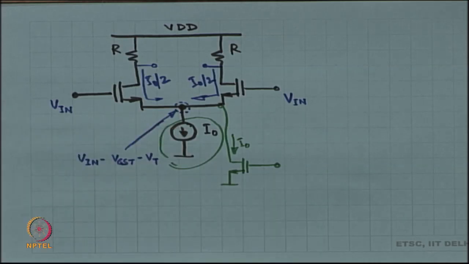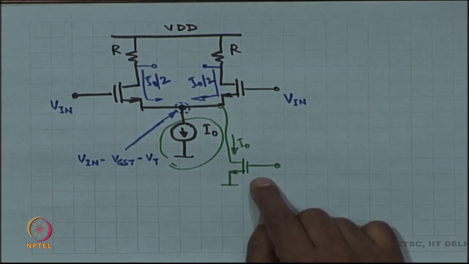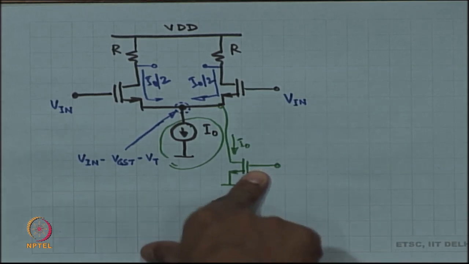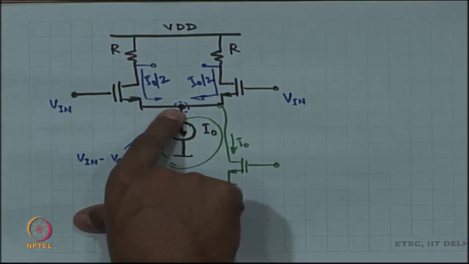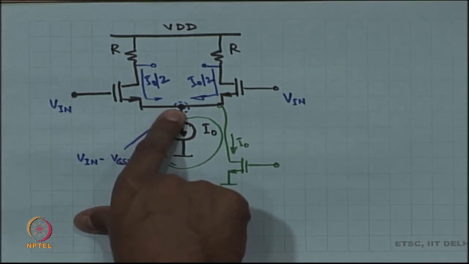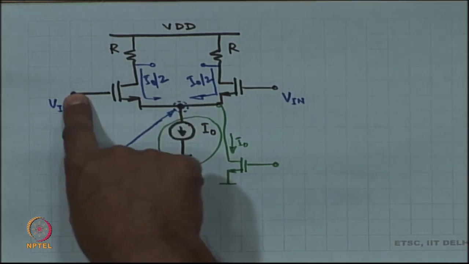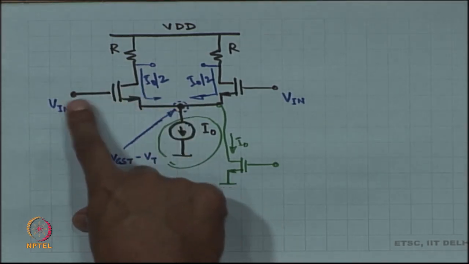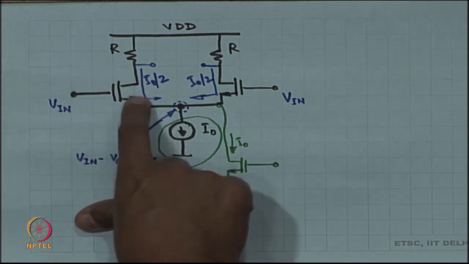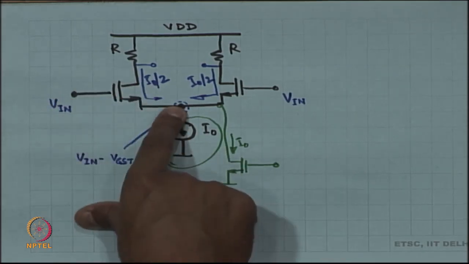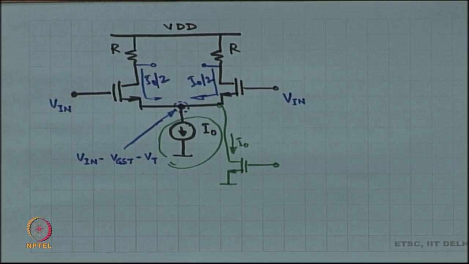So, for example, if I pick VGST of this device to be 0.2 volts, then this should be something above 0.2, maybe 0.3 volts is sufficient, okay. In which case V in should be a VT plus VGST of this device above 0.3 volts, right.